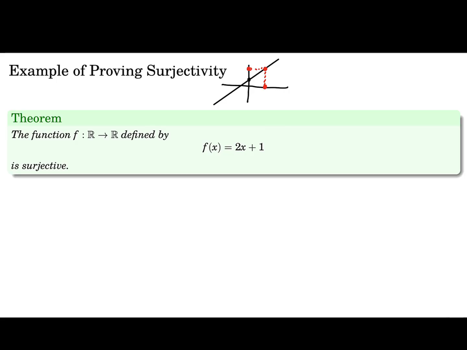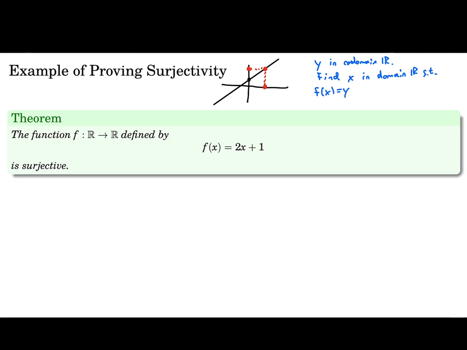Now, how do we prove this? Again, we need to show that if you choose an arbitrary point y in the codomain, we want to find x in the domain R such that f of x is equal to y.